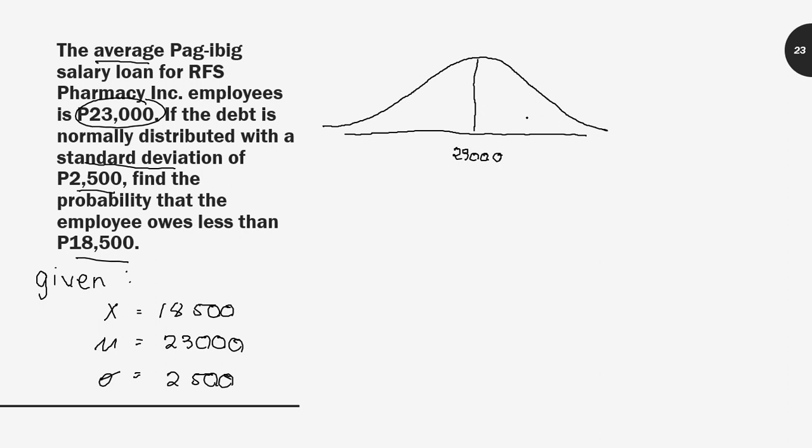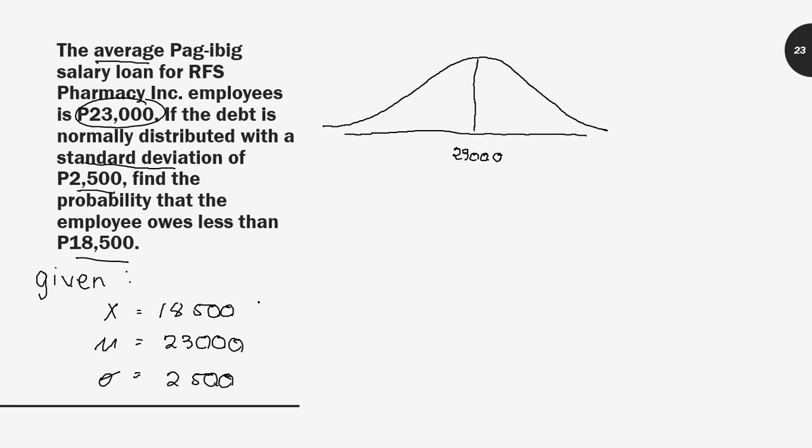Okay? So itong right side na to mga anak, magdadagdag tayo ng 2,500 starting with 23,000. While yung sa left side naman ng normal distribution curve natin, magma-minus tayo ng 2,500. Okay? And then ilolocate natin kung saan po bang part ng normal distribution curve natin makikita yung 18,500.